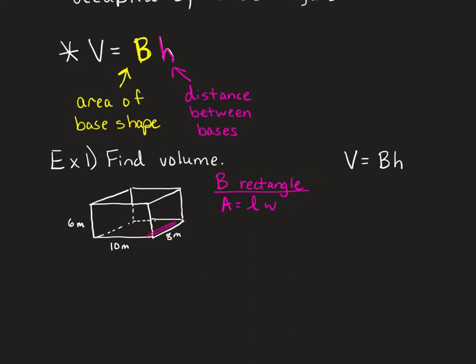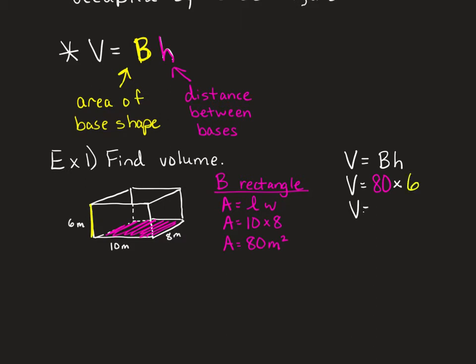So I have this shape down here. That rectangle is 10 by 8 meters. So the area is 80 meters squared. I'm going to plug that into my formula and say that my base is 80 square meters times my height here is 6 meters.